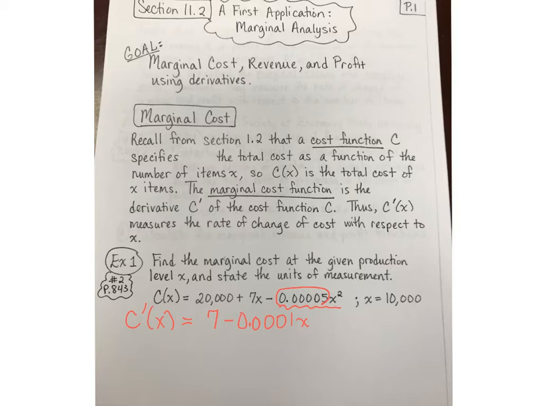Now, the first part says find the marginal cost at the given production level X. So we need to find C prime of 1,000. You plug 1,000 in for X here, and you get $6 per item. That's it.